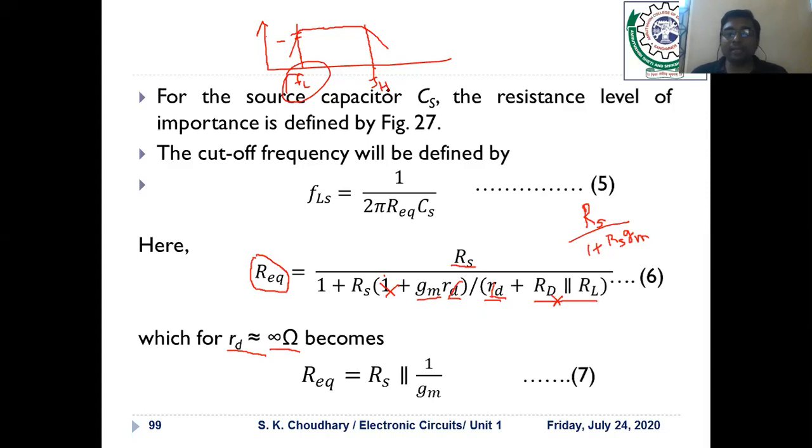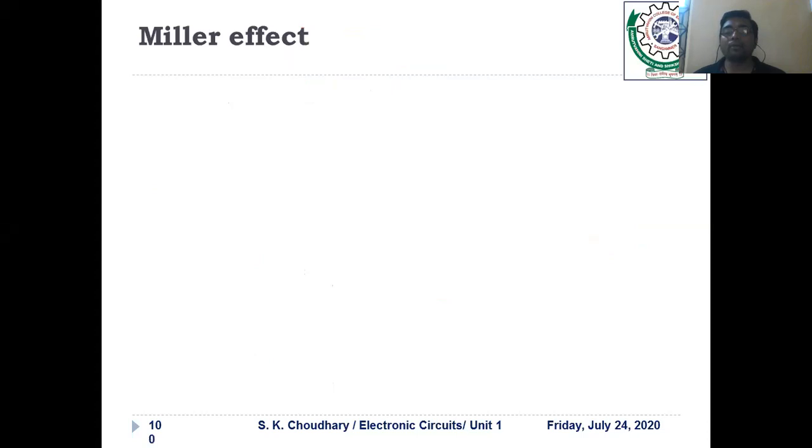We have learned that FL depends upon the coupling capacitor as well as the bypass capacitor. But the upper cutoff frequency depends upon the inter-electrode junction capacitance of the MOSFET as well as the wiring capacitance of the circuitry and the stray capacitance.